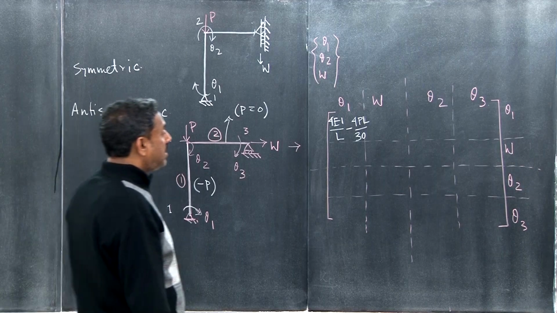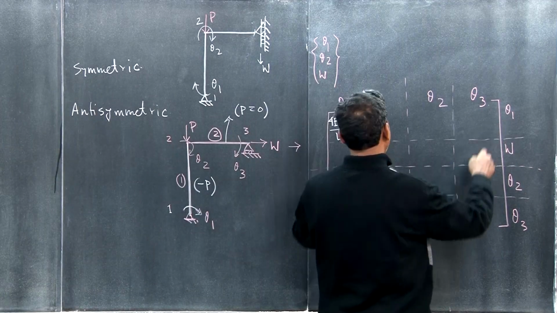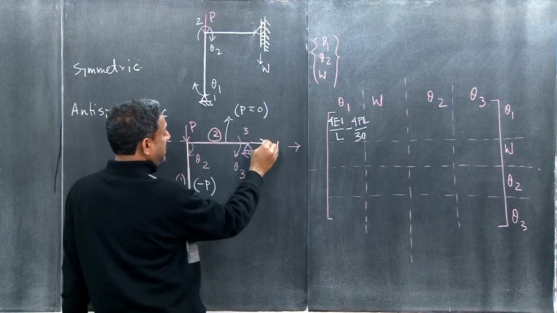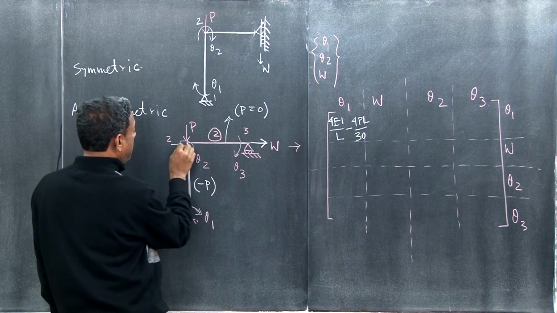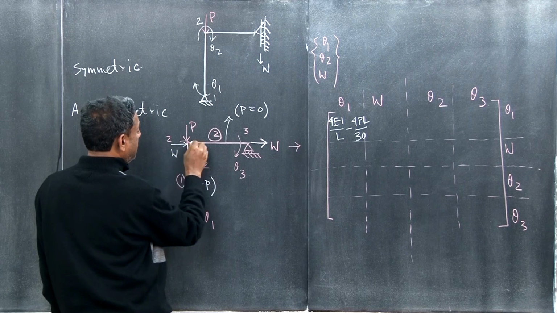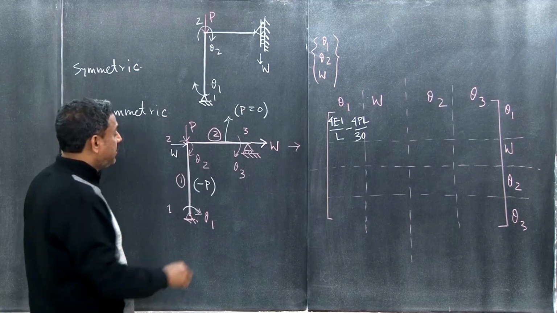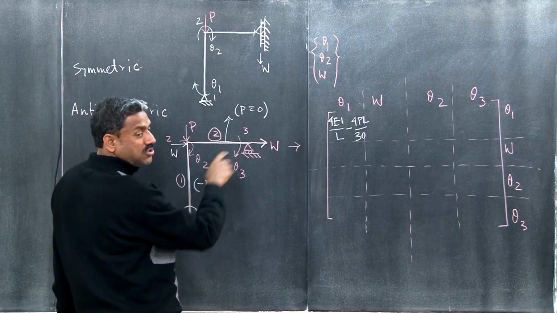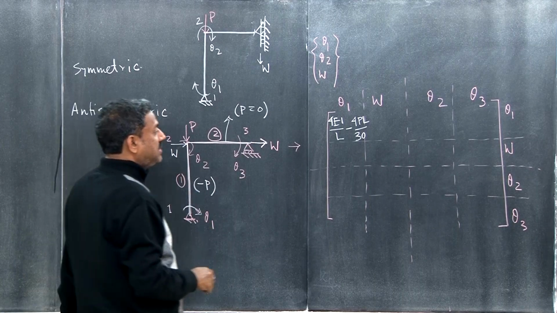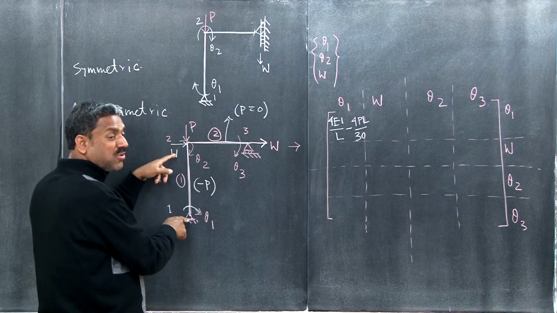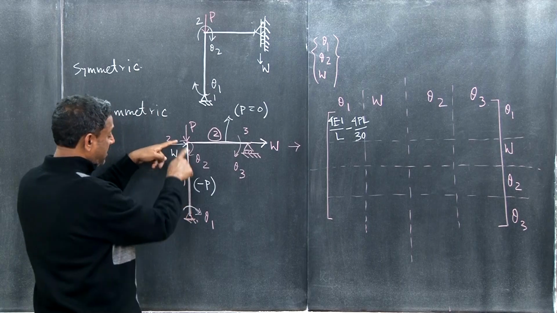Similarly, now W and theta 1. Although we are saying W here, this W is the same as the W there, because this member is considered axially rigid. So whatever the W here, the two are the same. When we consider W and theta 1, we are considering the cross stiffness.